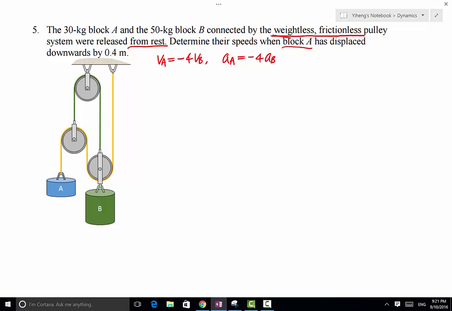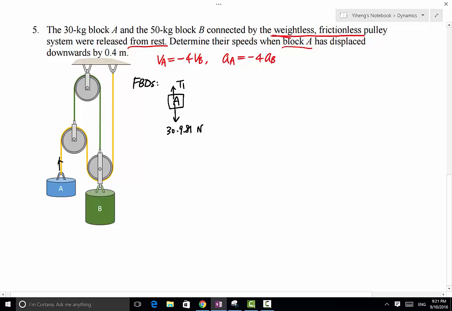So the first thing we want to do is to draw free body diagrams. We need several of them. For block A, it's subjected to its own weight, which is 30 times 9.81 Newtons, and it is subjected to the cable tension T1.